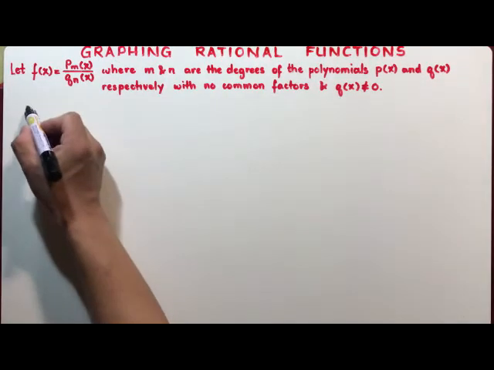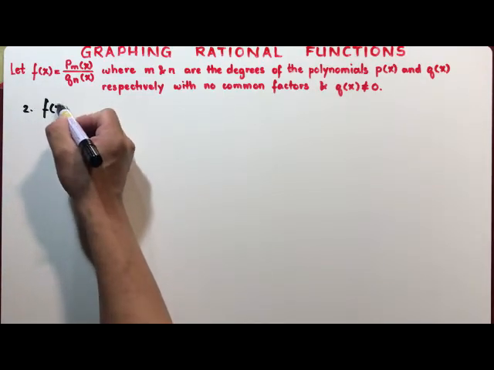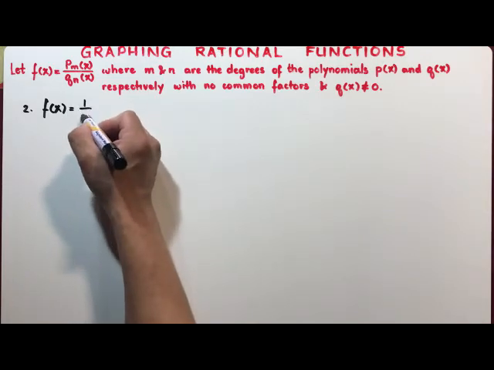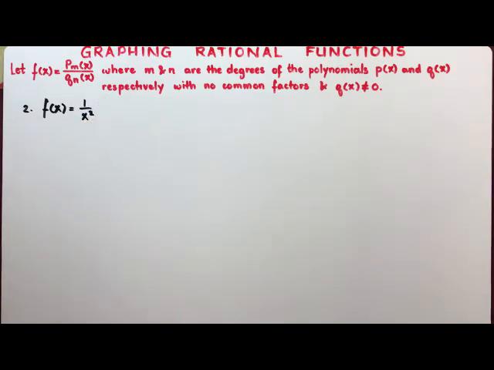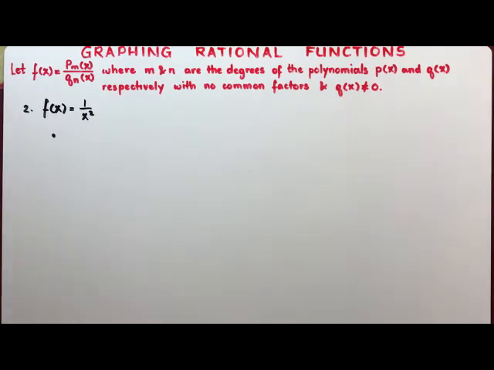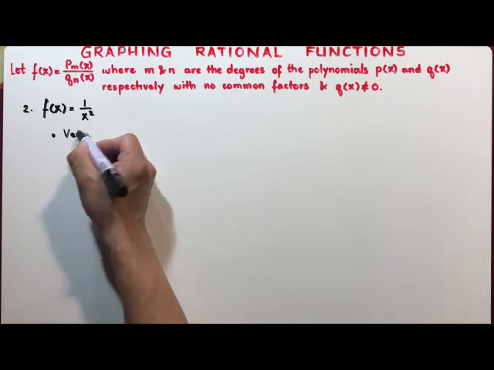So number 2 here is the function f of x, which is equal to 1 over x squared. What is the graph of this function? As you can see, this is a rational function. So of course we need to check if there is a vertical asymptote here.